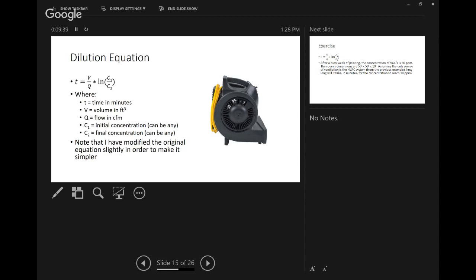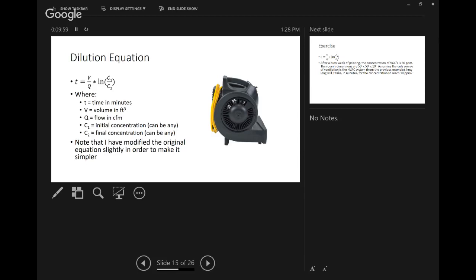You can think of this as the change in time, the time it will take to dilute a certain environment from one concentration to another. So C1 would be the concentration you start with.